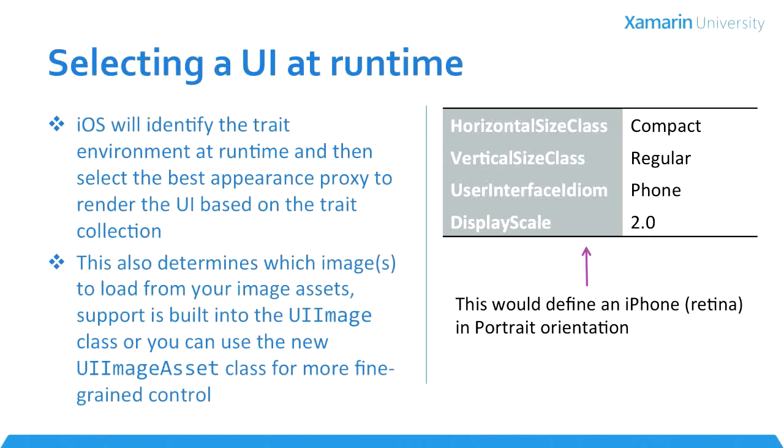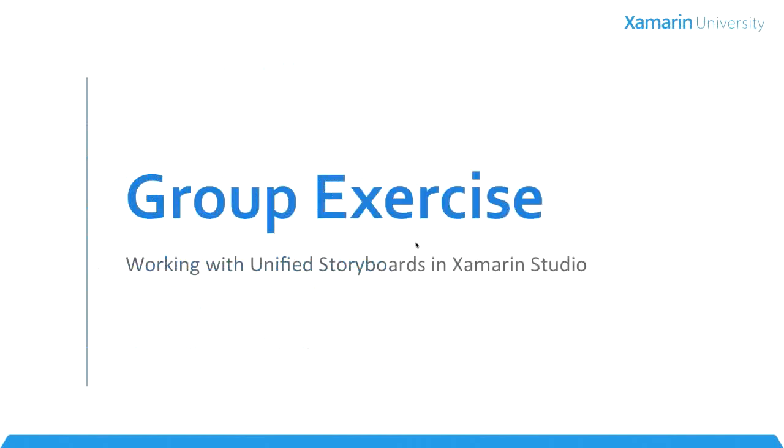We'll still use UIImage.FromFile, UIImage.FromBundle, and the asset catalog will take care of rendering the appropriate image. It's going to pull out the correct image based on our current traits. We can also request specific images with known characteristics through a new image asset API. So let's switch over to Xamarin Studio or Visual Studio, try out the new designer, and see how we can enable universal storyboards.